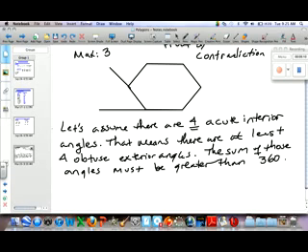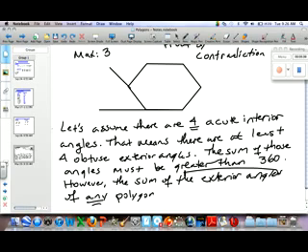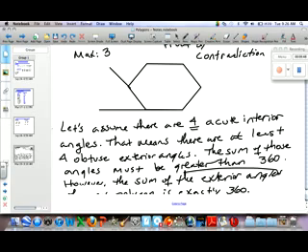But remember, in the earlier video, we learned that the sum of the exterior angles is exactly 360 degrees. However, the sum of the exterior angles of any polygon is exactly 360.